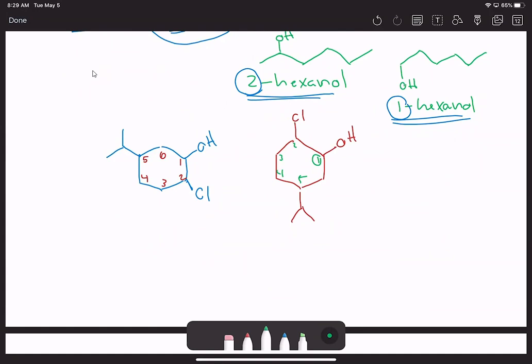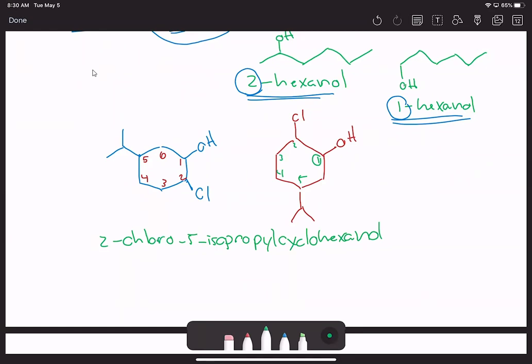So on carbon number 2, chloro before isopropyl, so I have 2-chloro, 5-isopropyl. I don't have to put the location of the alcohol here because it's a ring structure. Cyclohexane, I drop the E, and I write NOL, so I got 2-chloro-5-isopropylcyclohexanol.